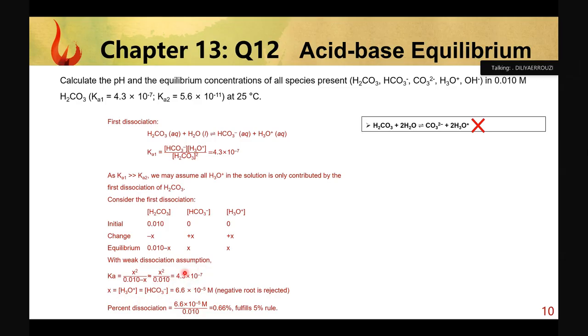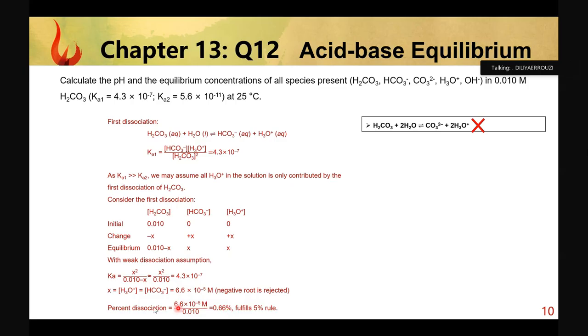So we can calculate x, which equals the protonated water and the HCO3 minus, equals 6.6 times 10 to the power of minus 5.